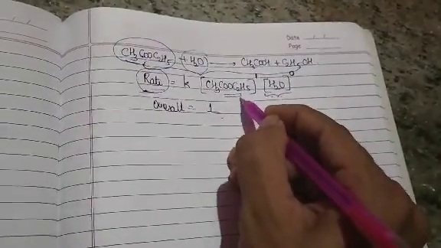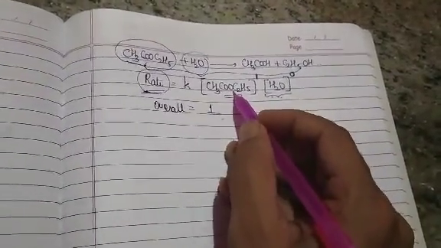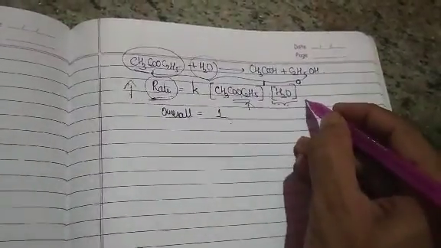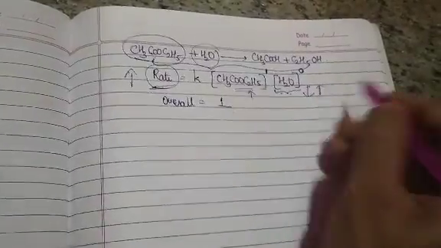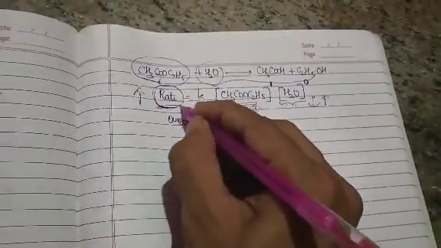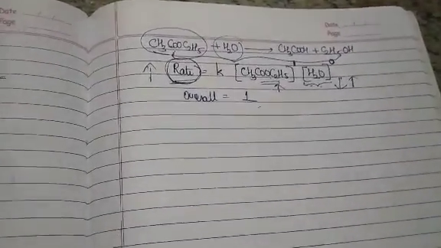Why am I saying this? Because if you increase the concentration of ethyl acetate, of course your rate also increases. But if you increase or decrease the concentration of your water, there will be no effect on your rate.